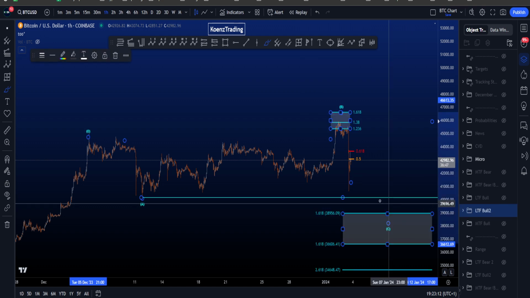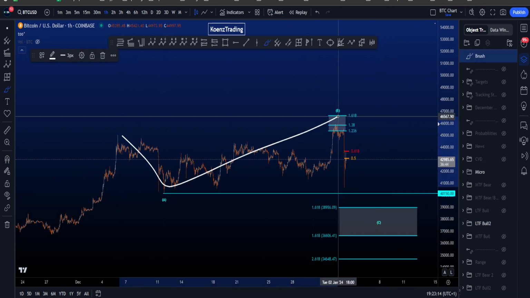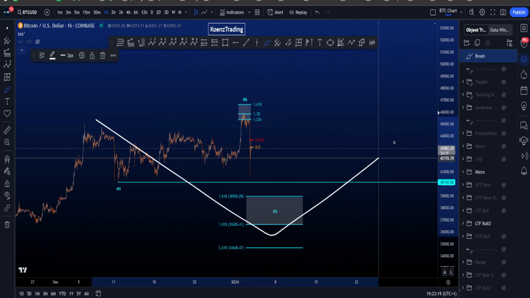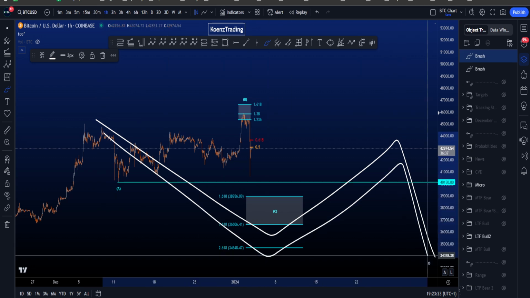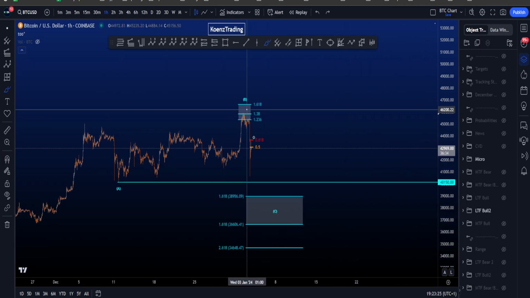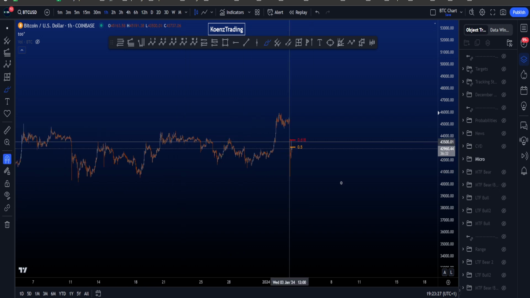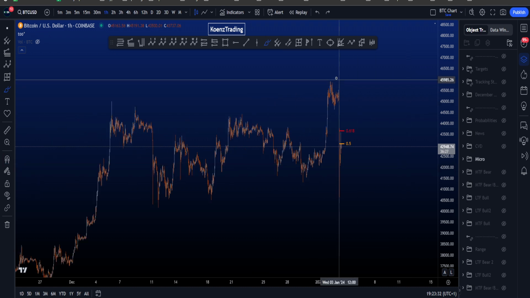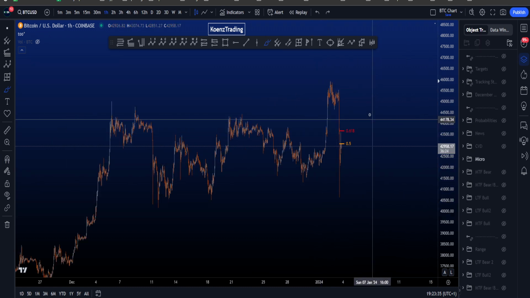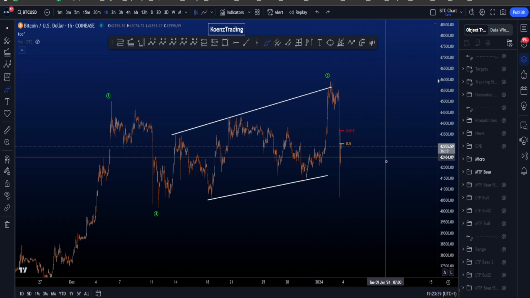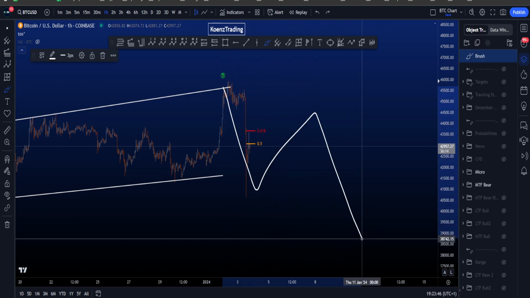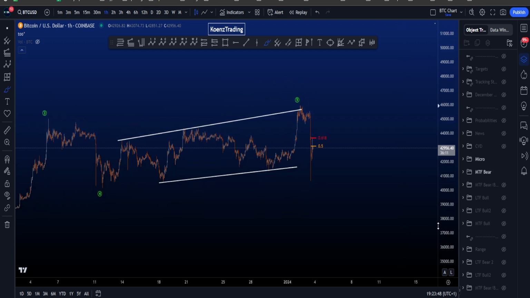because if we are looking at an ABC here and then an ABC, right, then an ABC opens the door for that bigger WXY or bigger ABC scenario, right? But if this move to the downside turns into a 3-wave structure and then a 3-wave to the downside, it opens the door for either a potential long-term triangle where we're going to continue ranging between these levels over here, or it opens the door for a 5 being in, where then we have this move to the downside as a corrective wave WXY, where we do still expect some lower prices.